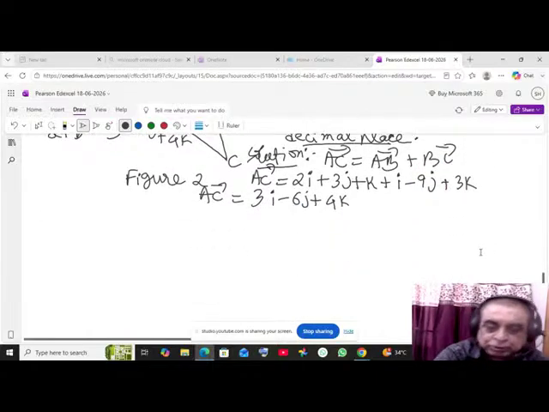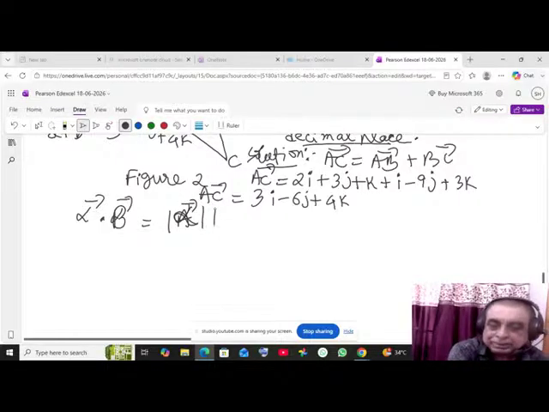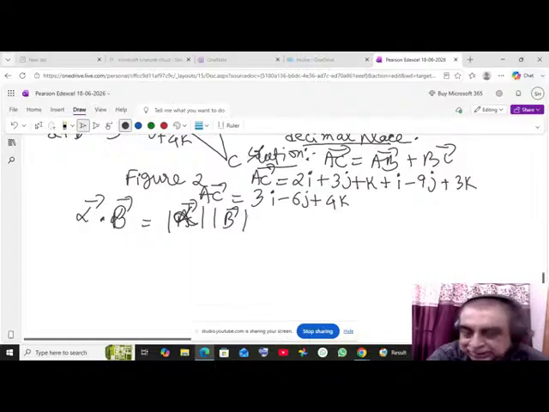The dot product of vector alpha and beta is the magnitude of alpha multiplied by the magnitude of beta times the cosine of the angle between them.